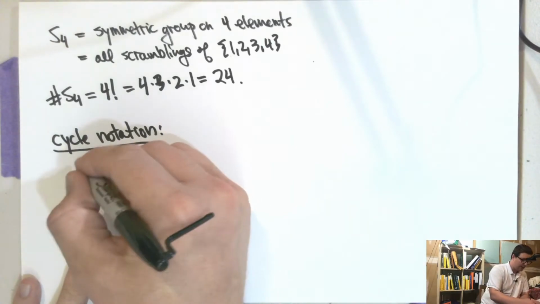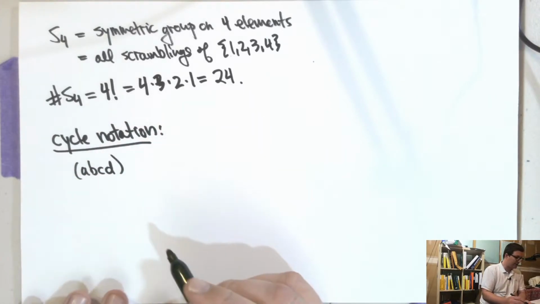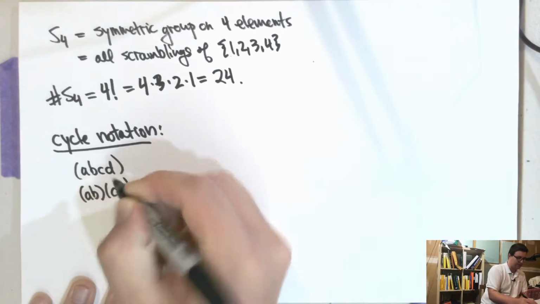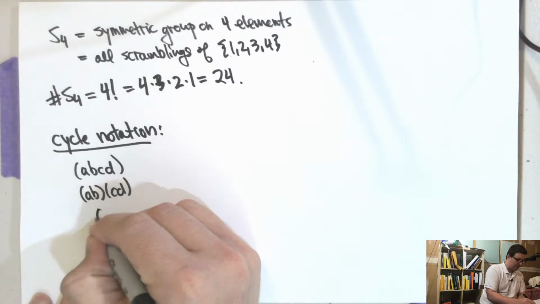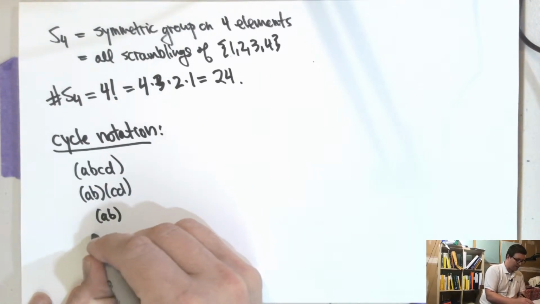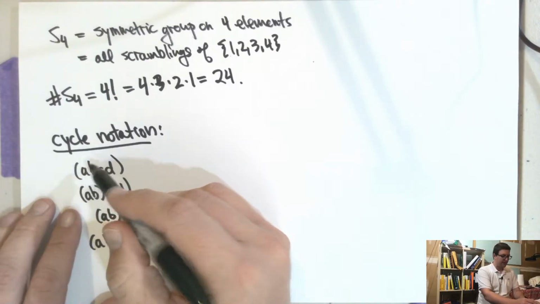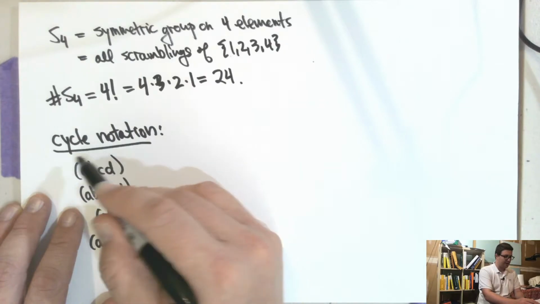And so it either has the form (A B C D), so these are letters 1, 2, 3, 4, or it can be written as (A B), or it can be written as (A B C). So this one, (A B C D), sends A to B, B to C, C to D, and then D back to A.